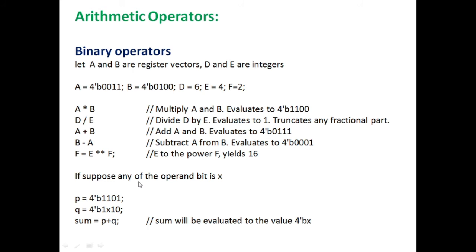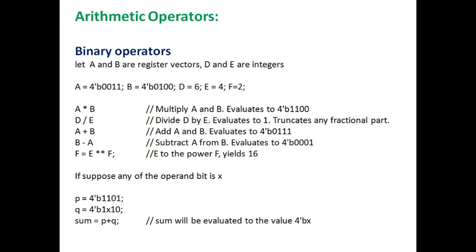Sometimes I may have unknown bits in my vector, because a vector is nothing but a combination of many bits. Some time or other I may have to encounter unknown values, indicated with x, like p equal to 4-bit binary 1101 and q equal to 4-bit binary 1x10.